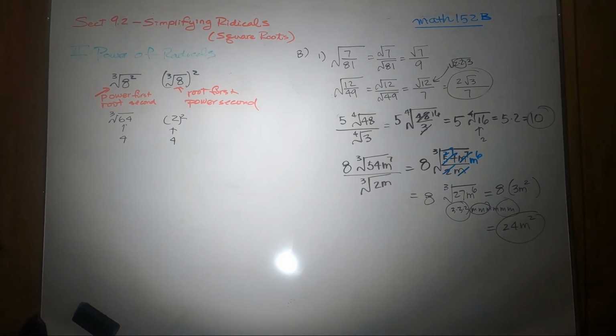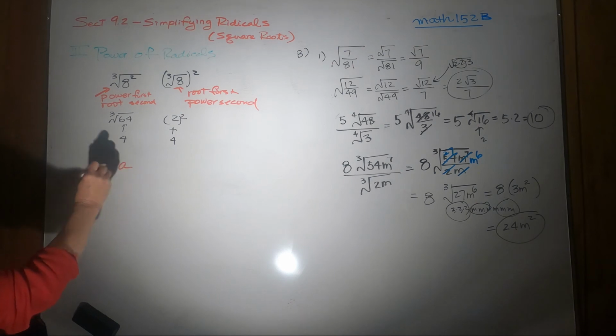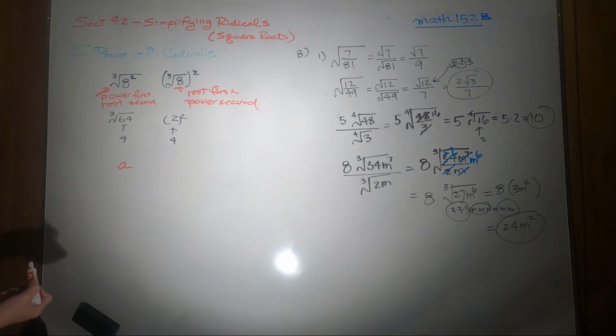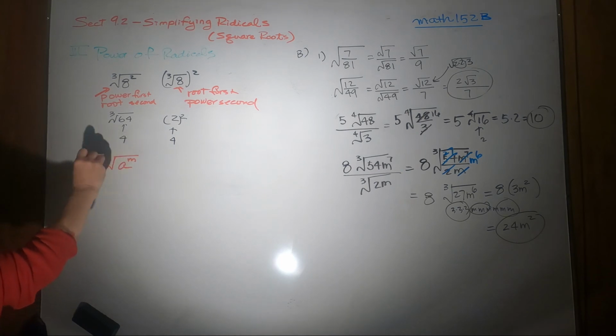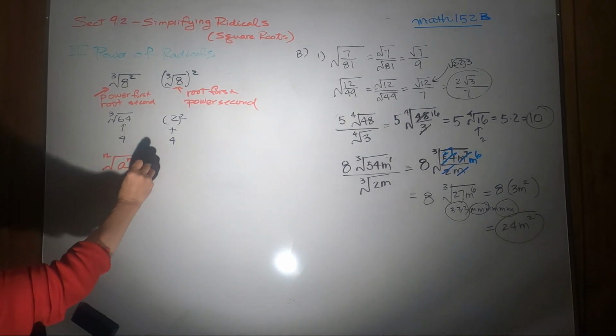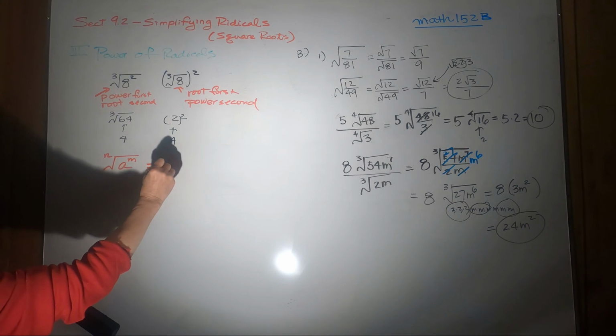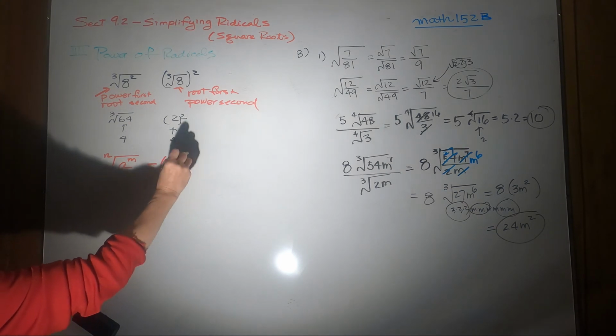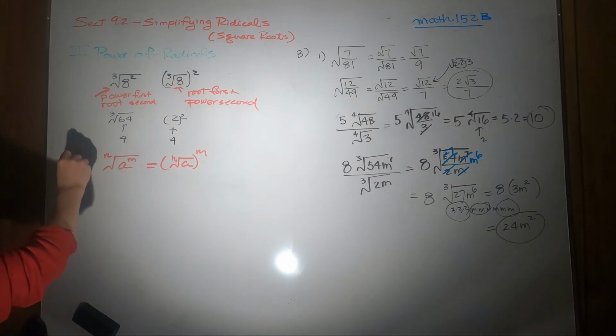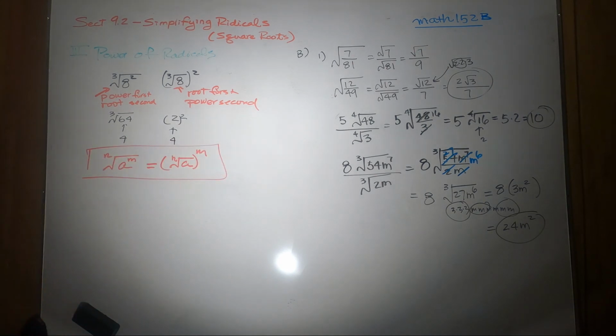So, what we say is, if you have a number, a, any number, right? Maybe 8, maybe 4, or maybe 7, right? You take some power, then you take an nth root. That means it's the same thing as taking the root first, then taking a power. That's what we are talking about.